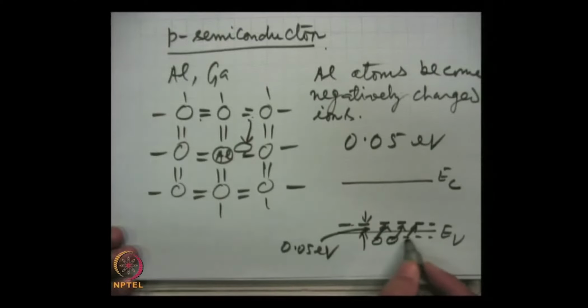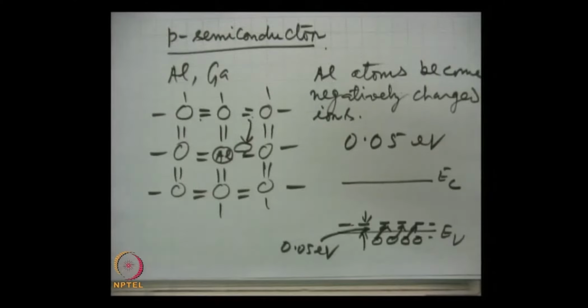create here holes. Again, as I said in the case of the n-type semiconductor, each electron which was released from the fifth group impurity atom, the dopant, was in excess over the thermally generated charge carriers otherwise, as it happens in the intrinsic semiconductor.